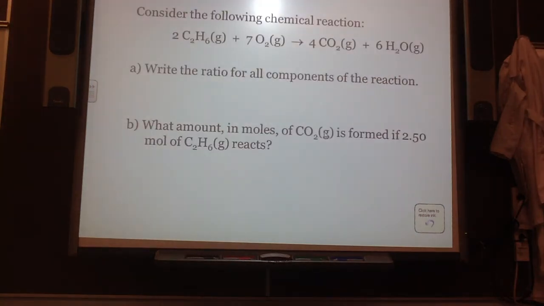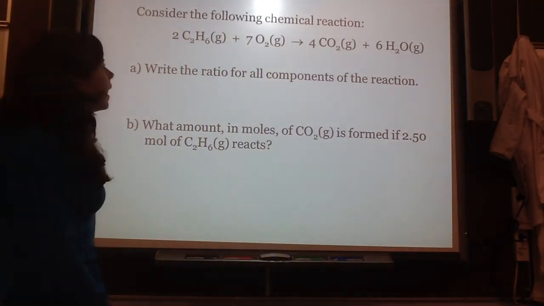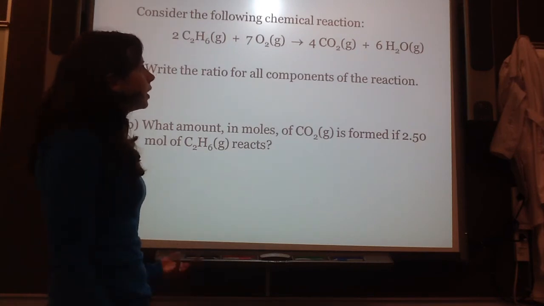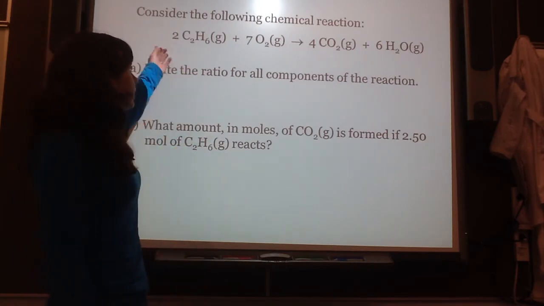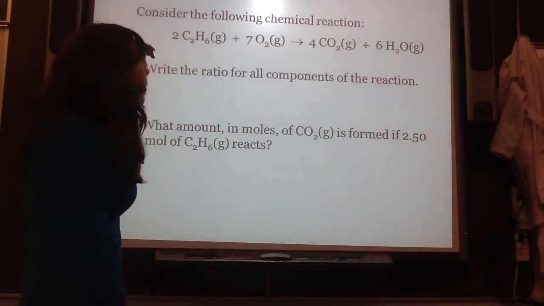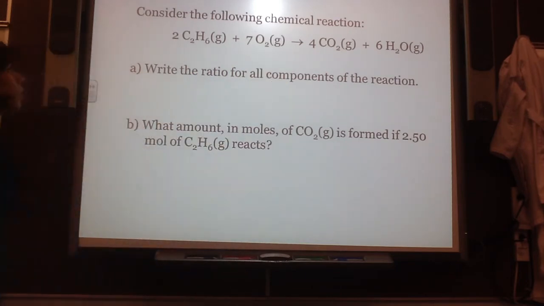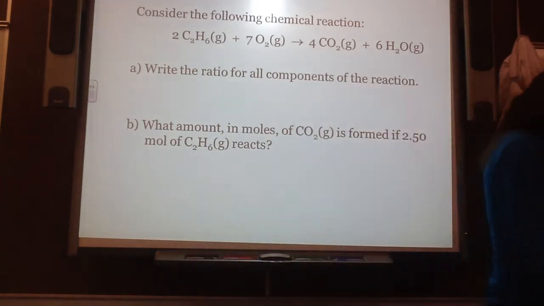All right, so consider the following chemical reaction. We have 2 ethane gas plus oxygen makes CO2 and H2O. What kind of reaction is that? Combustion. Very good, because I have a hydrocarbon plus oxygen making my combustion products. Write the ratio for all components of the reaction.